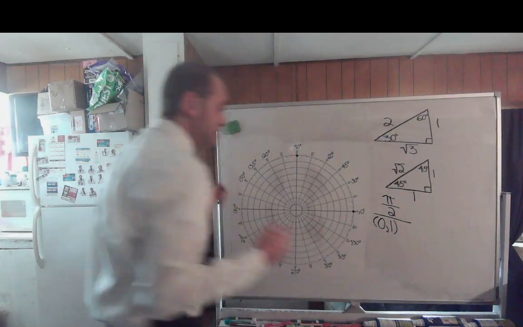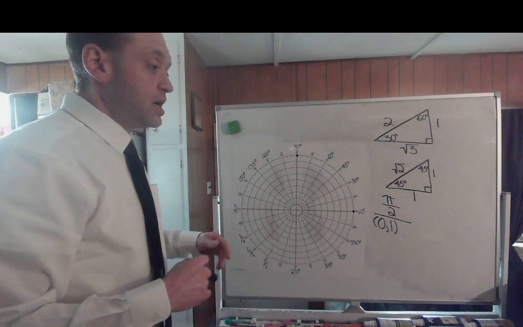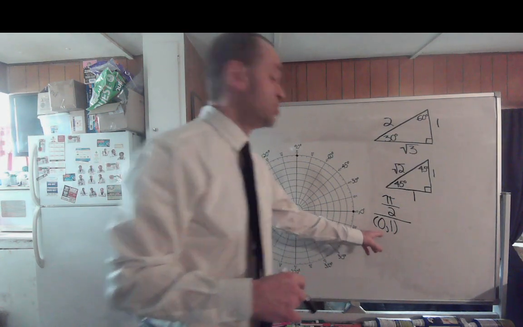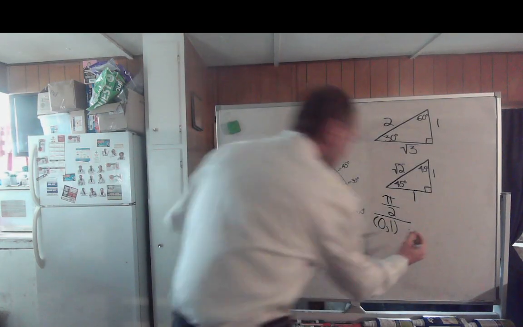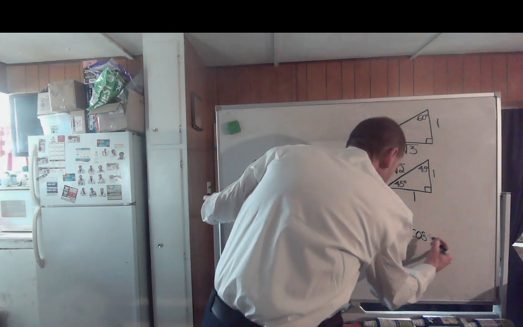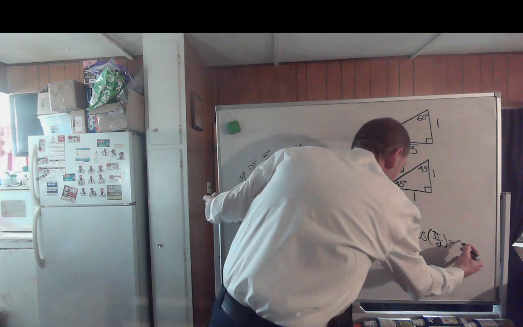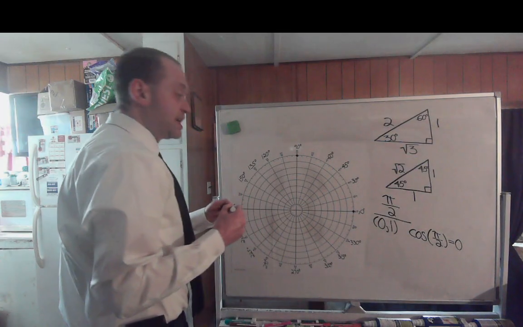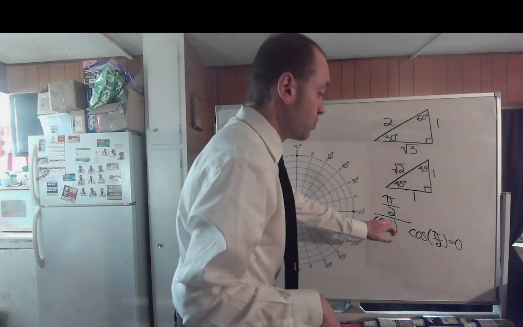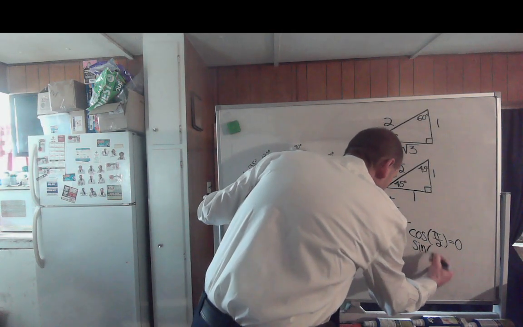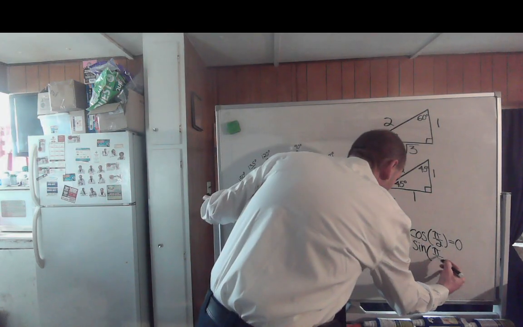That would end up being 0, 1. We've already stated that your cosine is going to be your x-coordinate, so that means the cosine of pi over 2 actually equals 0. And then we can state that the sine is your y-coordinate, so the sine of pi over 2 is equal to 1.